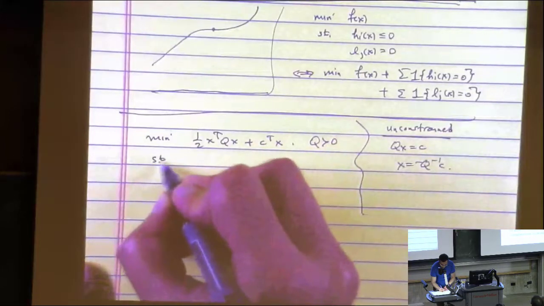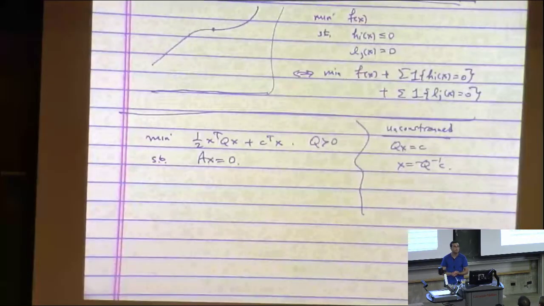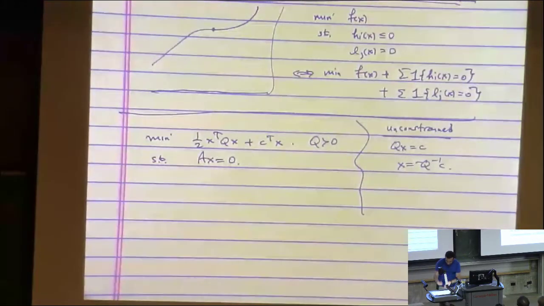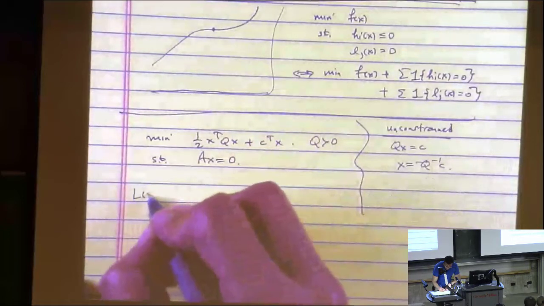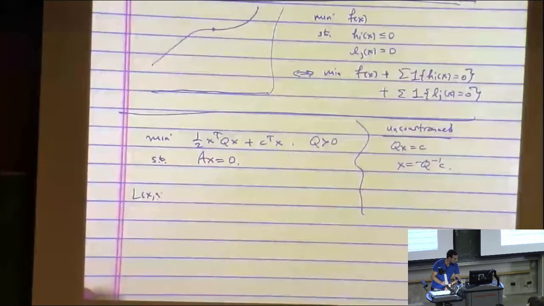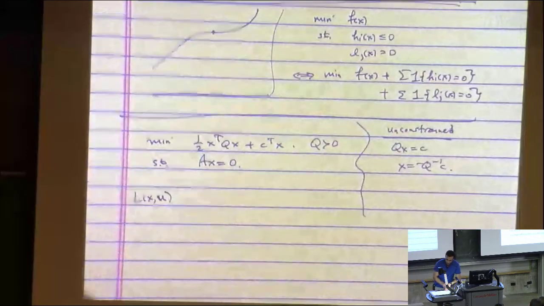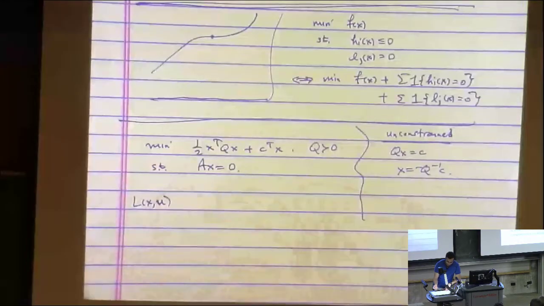With constraints, we're going to use the KKT conditions. Okay, so let's first write the Lagrangian. We don't have any inequality constraints, right? We only have equality constraints.